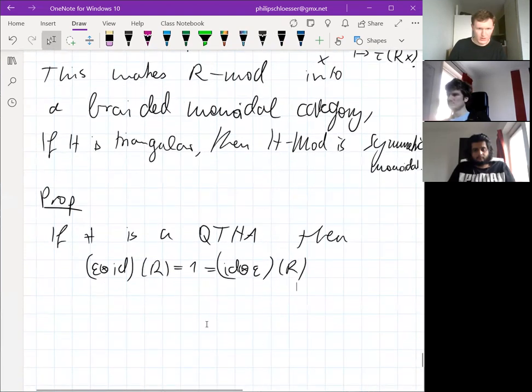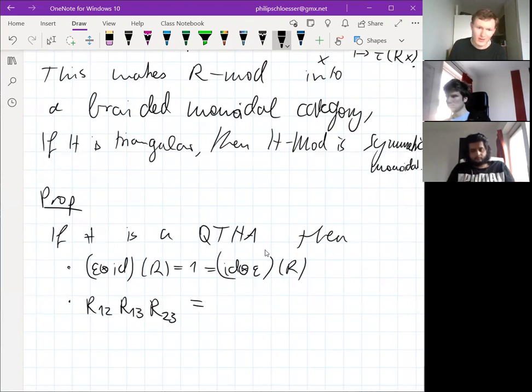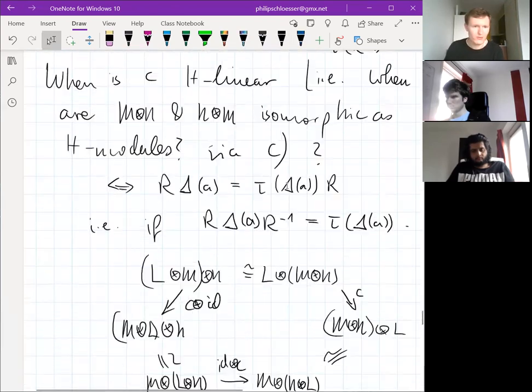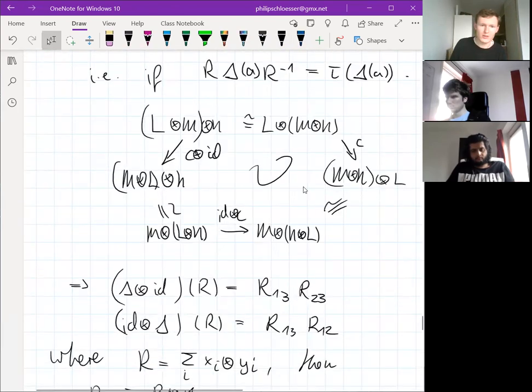This is probably just a consequence of the co-unit laws. And secondly, R12 times R13 times R23 is equal to R23 times R13 times R12, which is basically a consequence of those weird hexagon laws here.